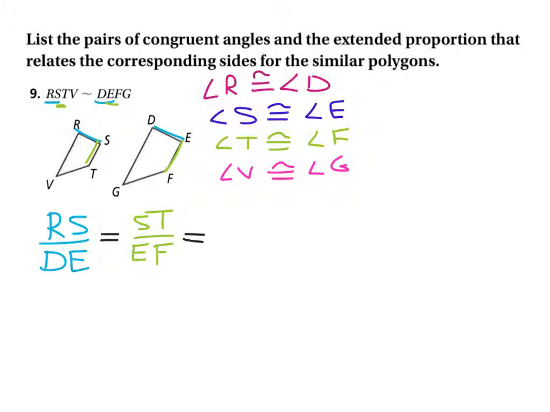And then is equal to what proportion? Well, let's take the last two, TV and FG. TV divided by FG. Where do we see those? TV and FG.